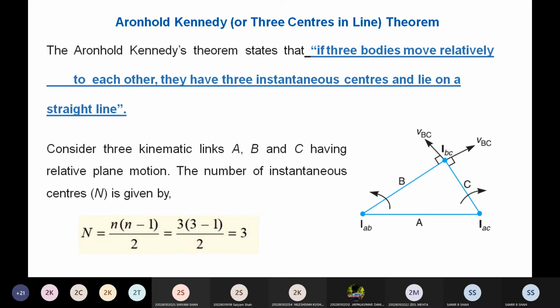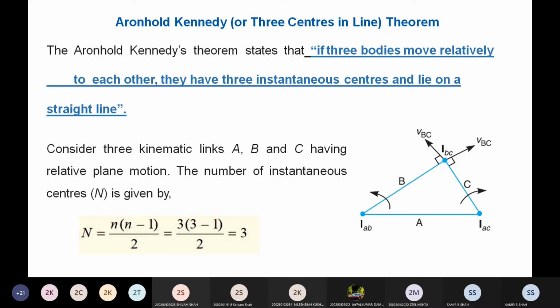Right now we will prove it one by one. Consider the three links A, B, and C having plane motion. The number of I centers, if three links are there, we put in the equation: 3 in the bracket 3 minus 1 by 2. So 3 into 2 divided by 2. So 3 into 2, 6 by 2.